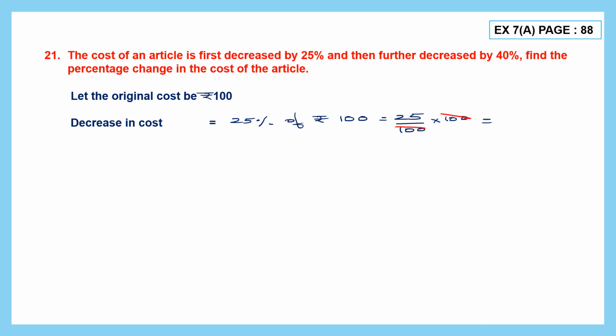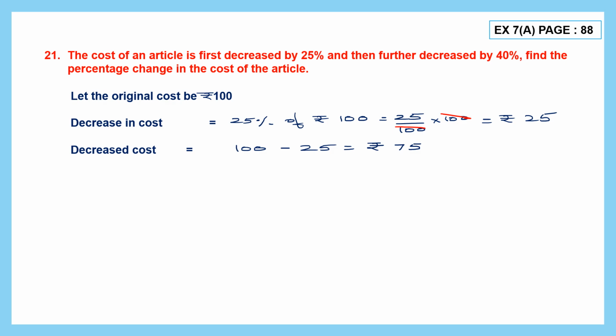So the decrease in cost is 25 rupees. That means first it was 100. From 100 the cost is decreased by 25 rupees. So what will the decreased cost be? It will be 100 minus 25, because 100 is the original cost, and that is 75. That means the decreased cost is now 75 rupees.